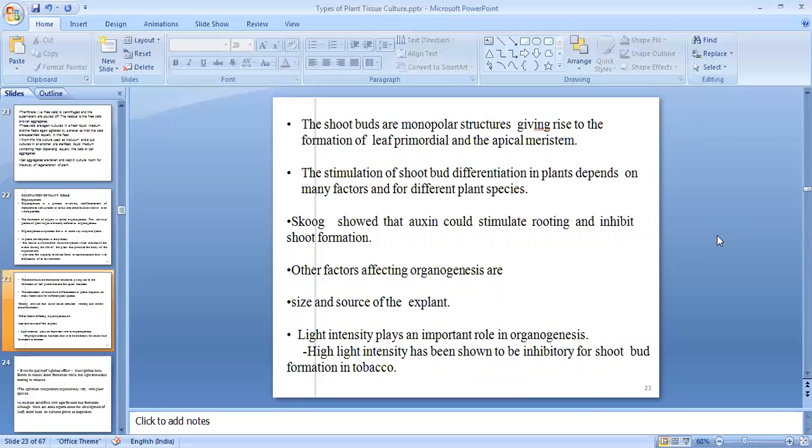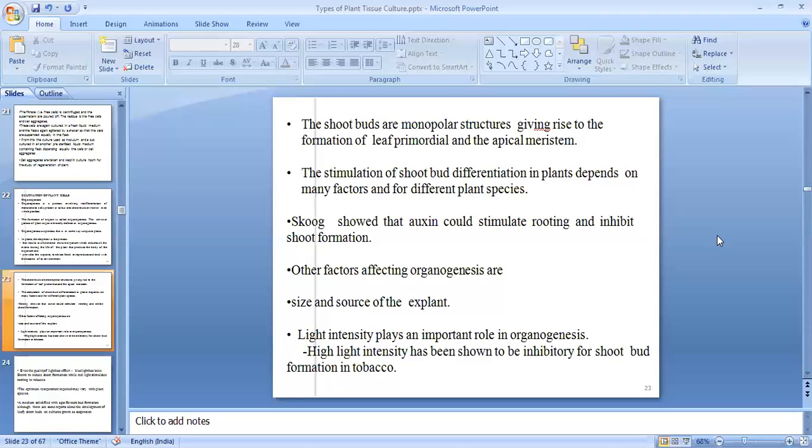The stimulation of shoot bud differentiation depends upon many factors, and this is also different in each and every plant species. That is, the formation of shoot buds in the culture depends upon many factors, and from plant to plant it will vary.